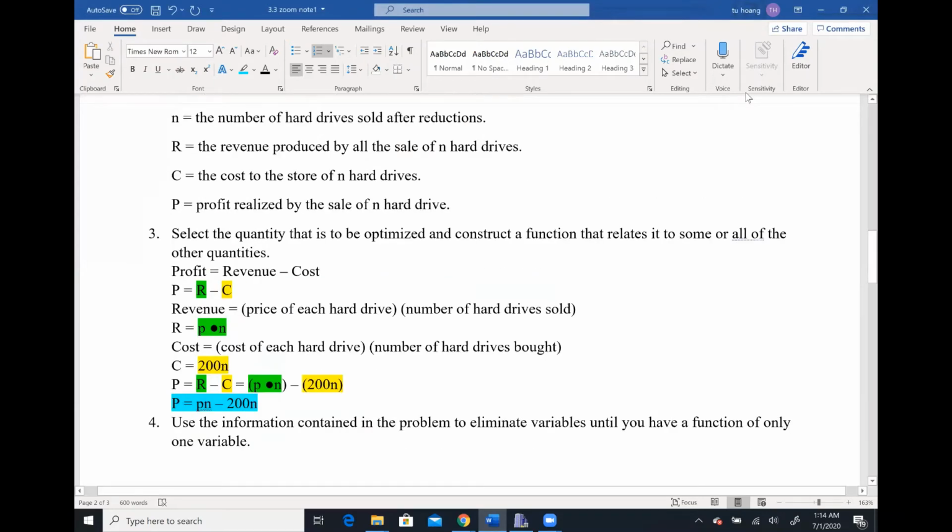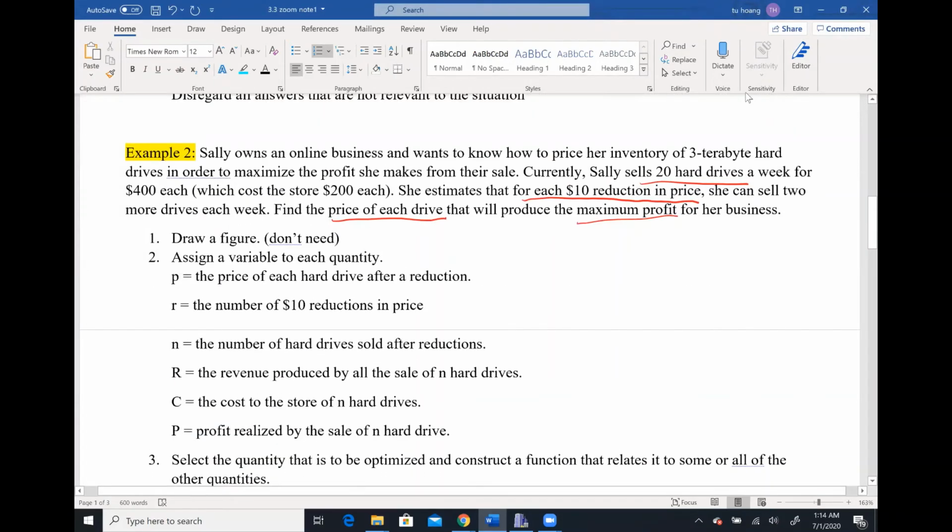So let's go up here. You say that for each $10 reduction in price, you can sell 2 more drives each week. The price was 400 each here.